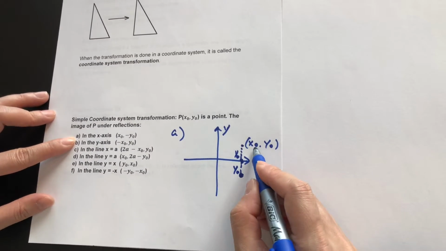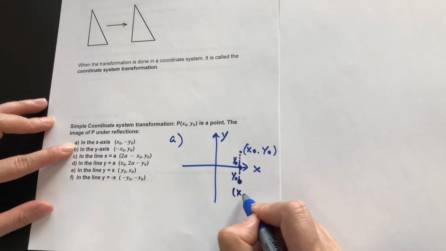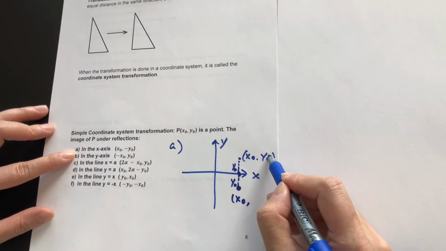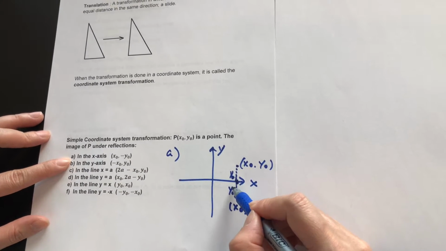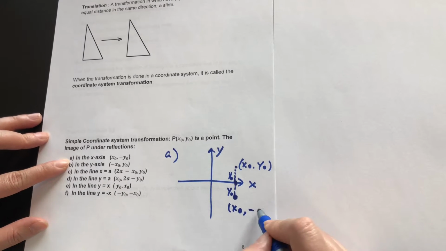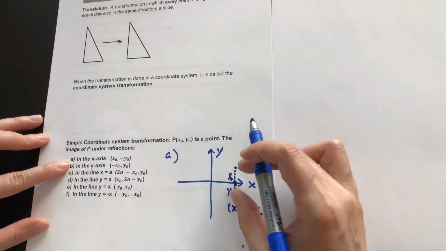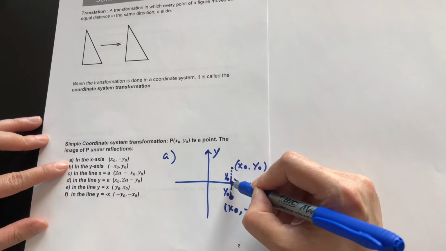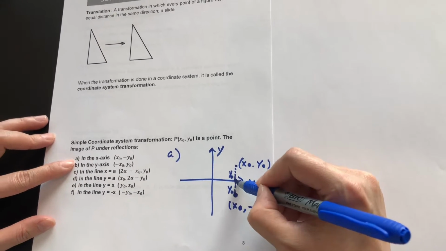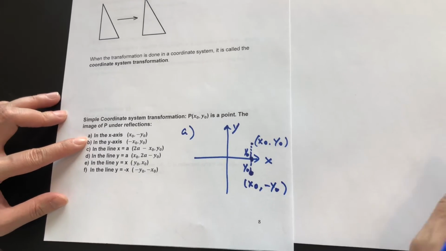This point would be the same distance to the mirror line, and therefore x0 remains unchanged. y0 needs to go down to 0 and go another negative y0 to get to the mirror point. So this length has to be perpendicular to the mirror line and equal to the other side.